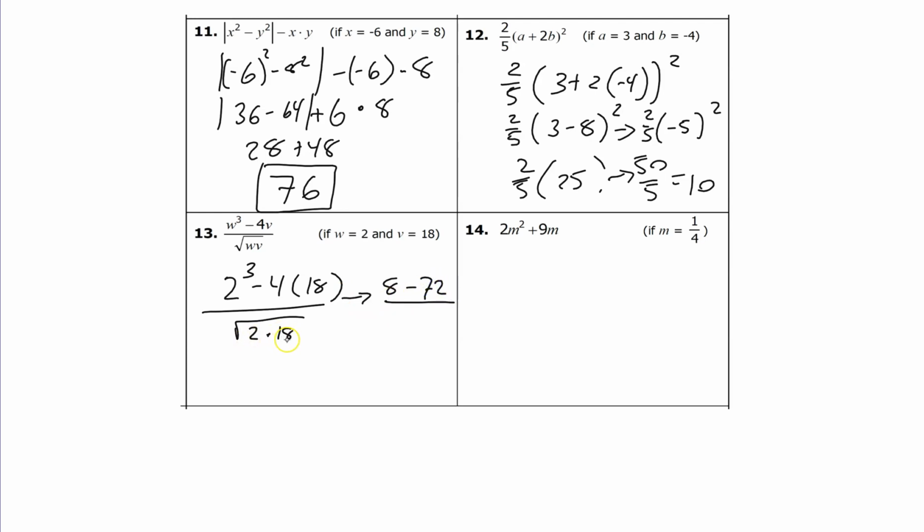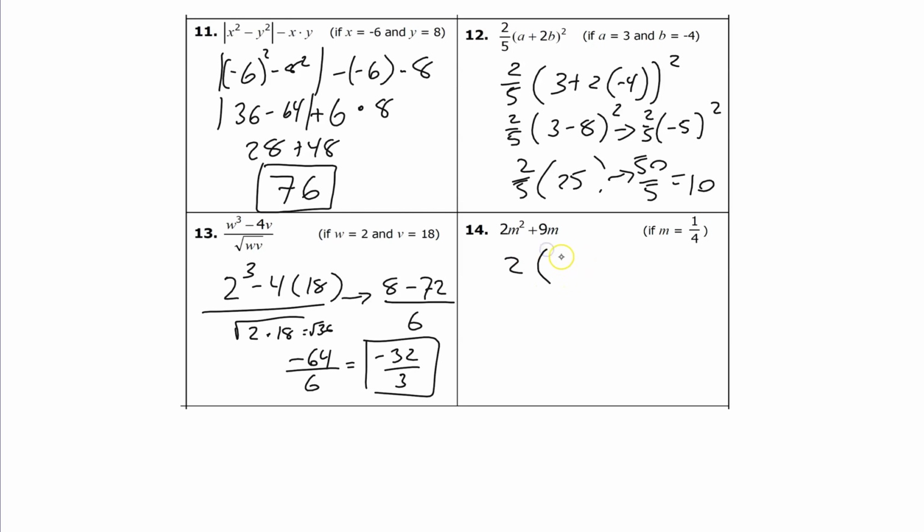All over 2 times 18 is 36. So the square root of 36 is 6. All right, everyone with me so far? So this would get a negative 64 over 6. Well, how does that work out for us? Well, we know 2 goes into both of them, so it goes negative 32 over 3, and we're done.